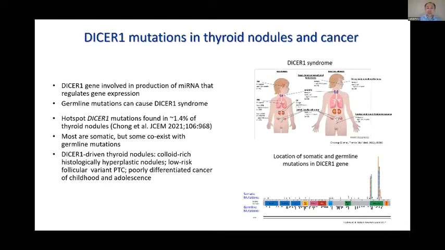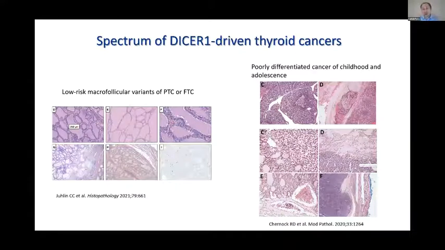What is really interesting about these tumors, there is a spectrum of thyroid cancers driven by DICER1 mutation. On one end of the spectrum are follicular adenomas and PTCs or FTCs. And these tumors characteristically have extremely abundant colloid.